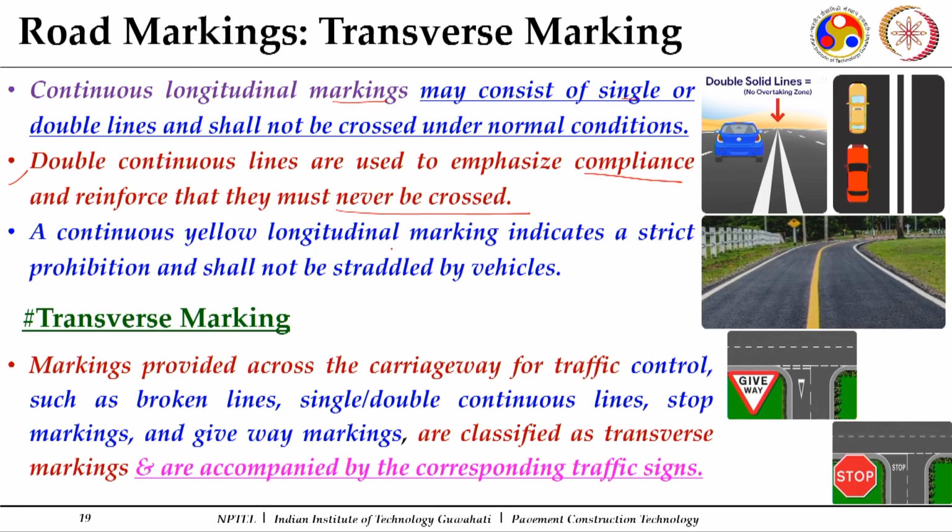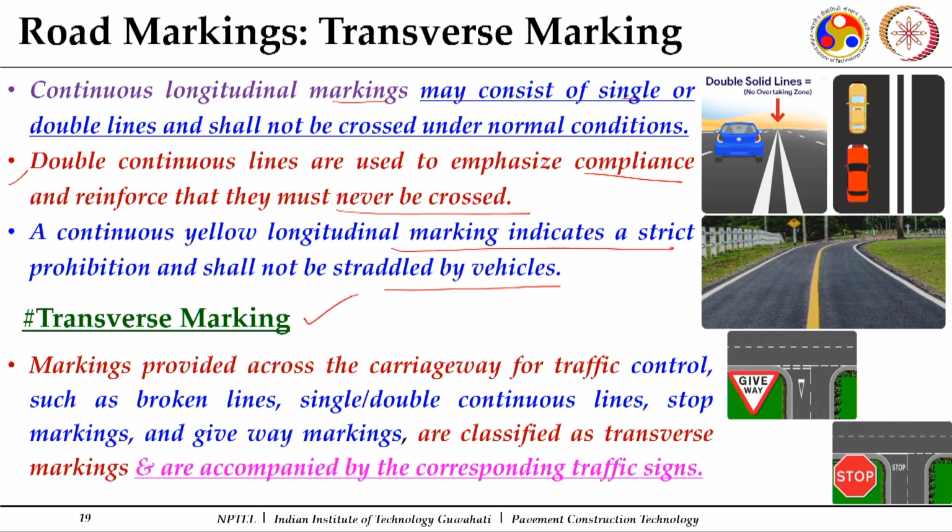A continuous yellow longitudinal marking indicates a strict prohibition, and as I mentioned, when you put up the yellow ones, it further emphasizes that this is prohibitory and shall not be straddled by the vehicle. So the vehicle should not go out of it, taking one wheel on the other side and keeping one wheel. That should not happen.